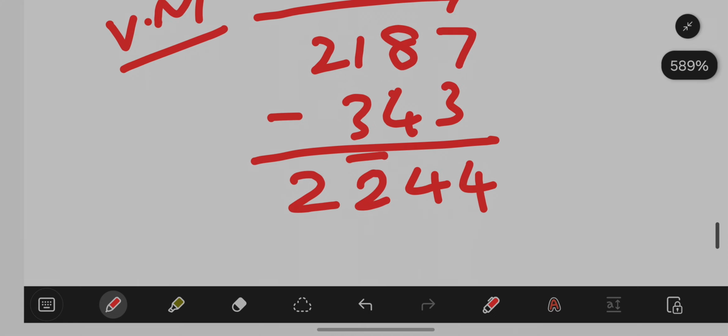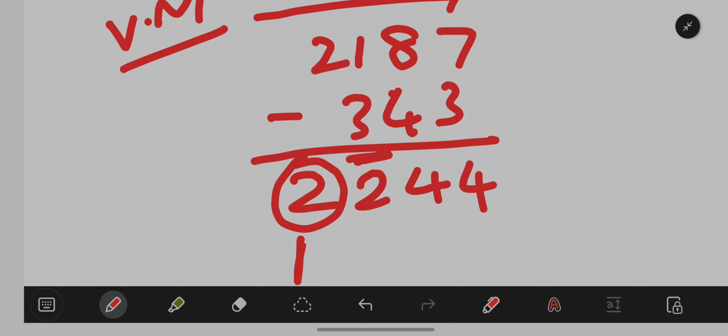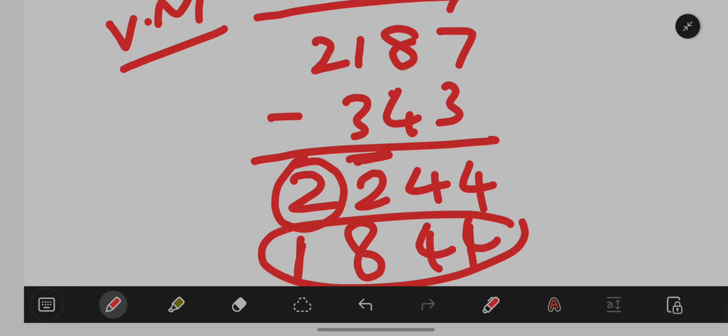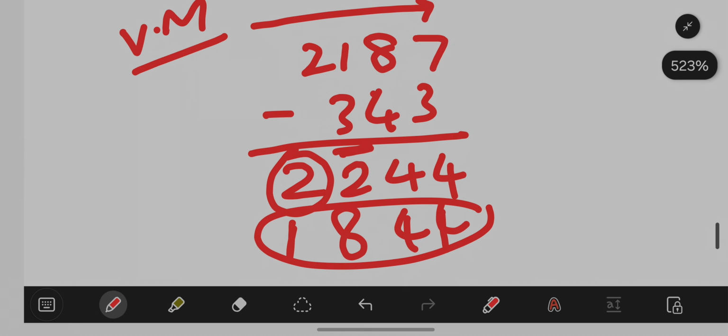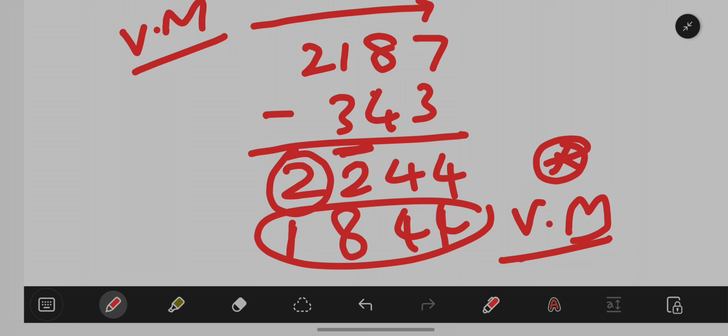Now here you have a bar, so subtract 1 from this: 10 minus 2 is 8, and here 4, 4. That's it. It's very simple, right? Our regular subtraction techniques are very lengthy and you have to do cancellations. Here you can do it in a very simple way. You might not understand it deeply here, but if you see our video, it will be crystal clear.